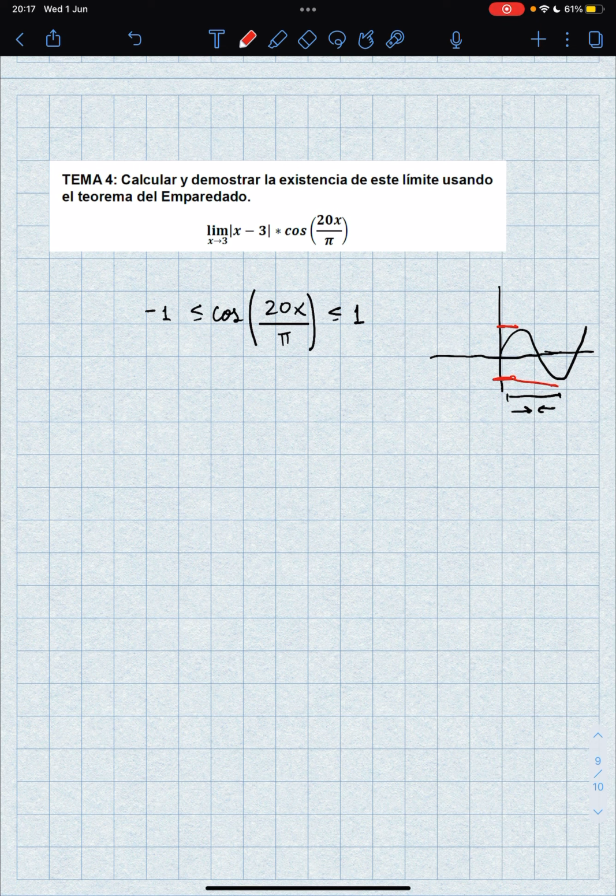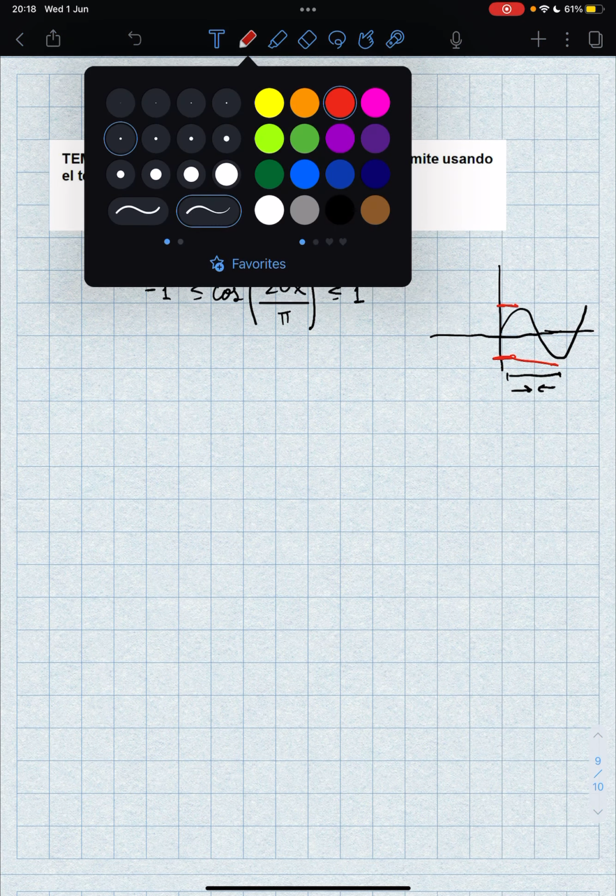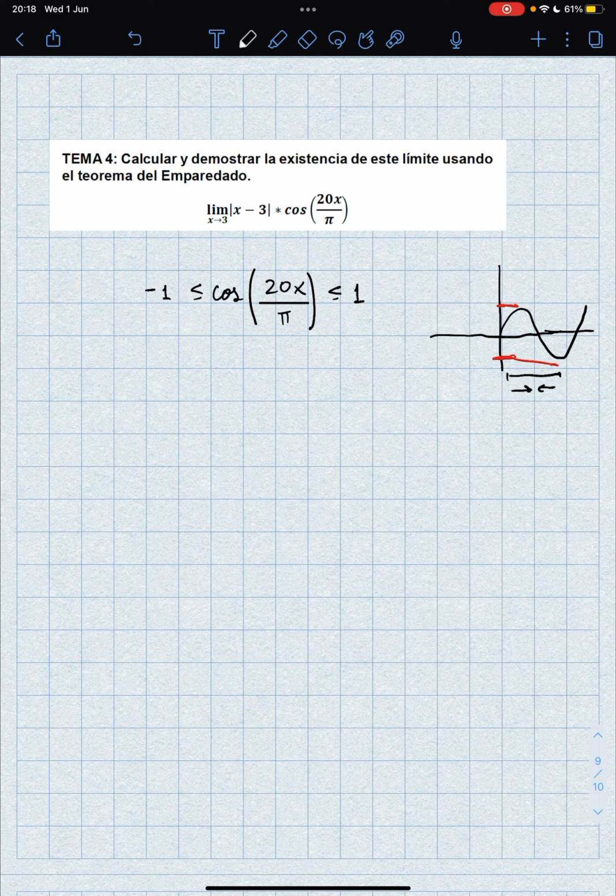Of course, if here you multiply by 4, then you're gonna affect the amplitude of the signal, but here it is 1, so we have it like that. Okay, good. Then we need to multiply by this value.